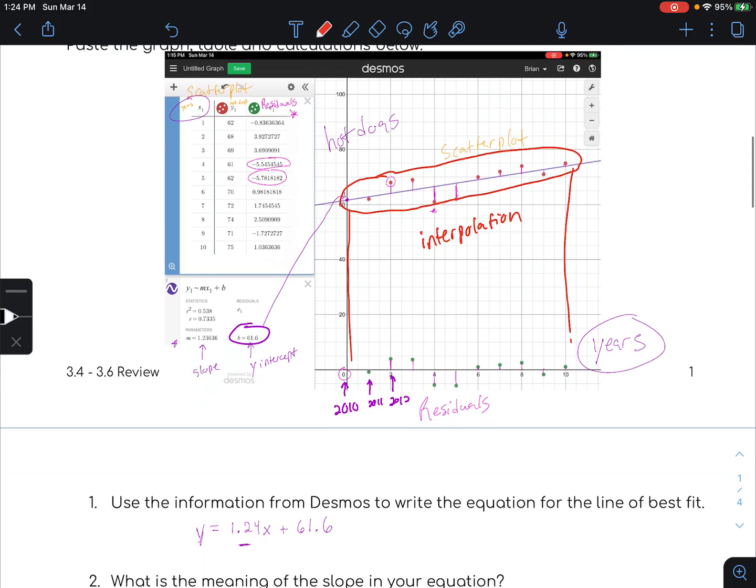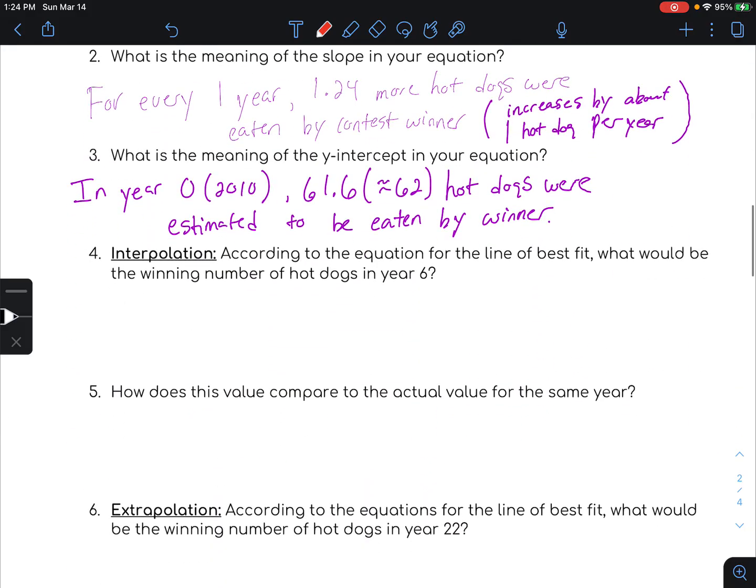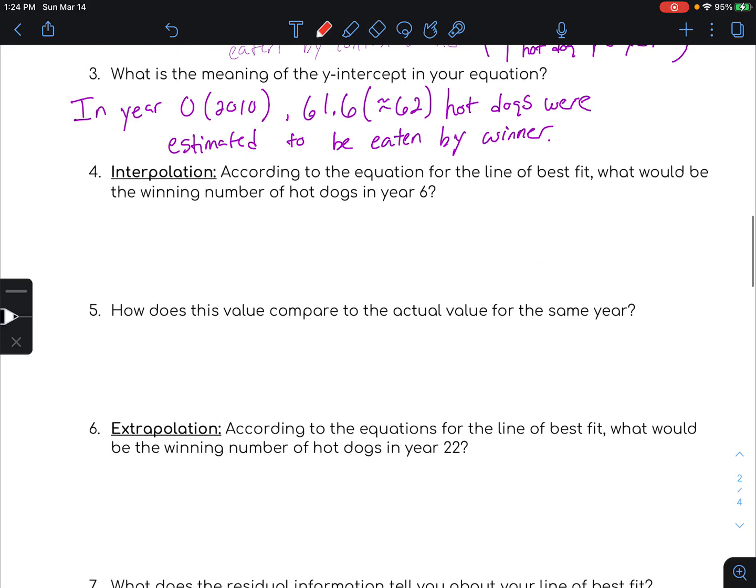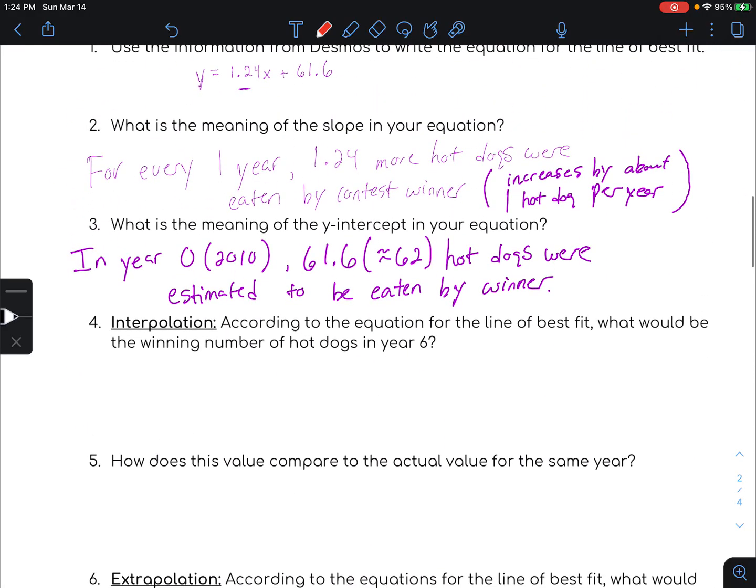And then we use the actual equation to make that prediction. All right, so let's take our equation, y equals 1.24x plus 61.6, and we're talking about year 6. So let's do 1.24 times 6 plus 61.6.